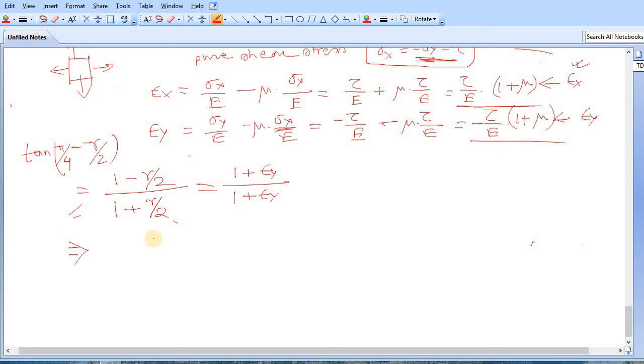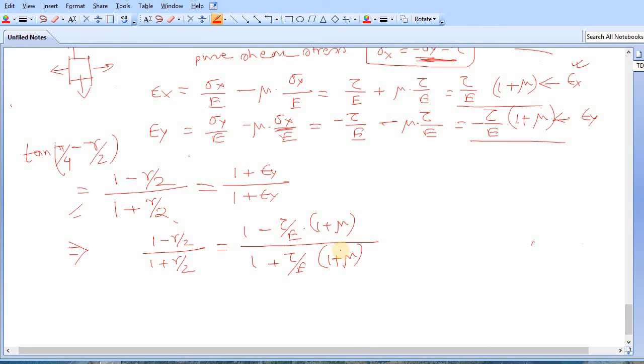So 1 minus gamma by 2 by 1 plus gamma by 2 is coming as 1 plus epsilon y, which is minus tau by E into 1 plus mu, divided by 1 plus again tau by E into 1 plus mu. Okay, so simplify it.